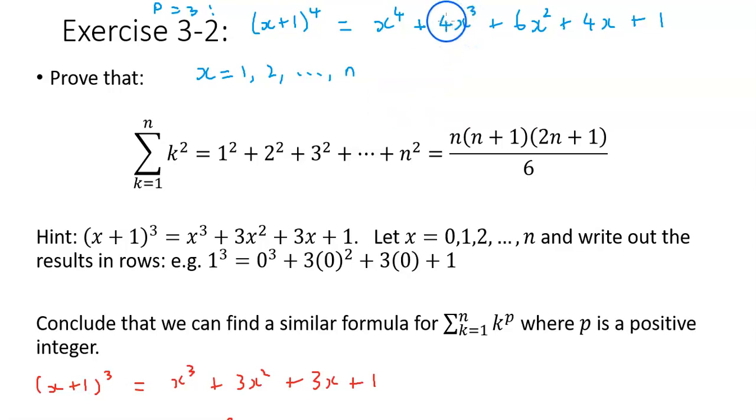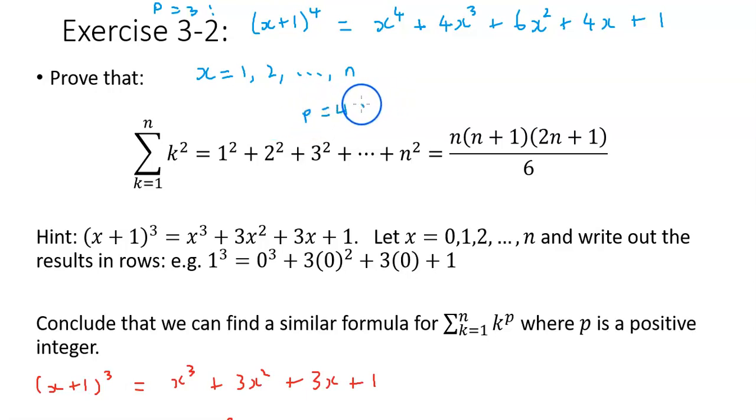And so we'll just be left with 4 times the sum of these numbers cubed, which is what we're looking for, and then plus 6 times something we already know, plus 4 times something we already know, plus 1. And then we just combine and simplify.